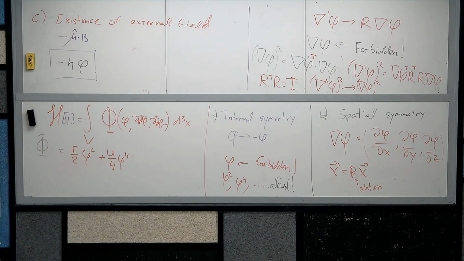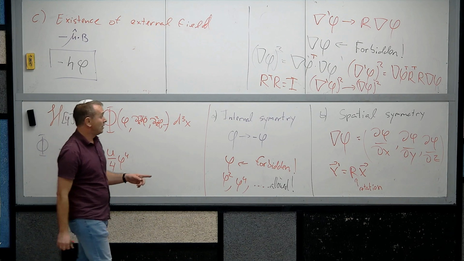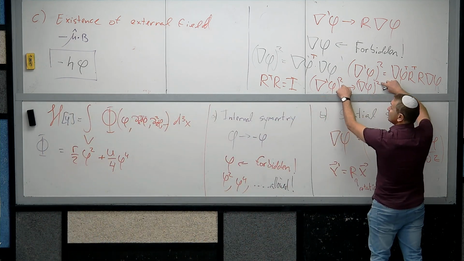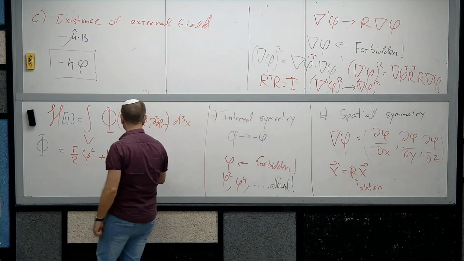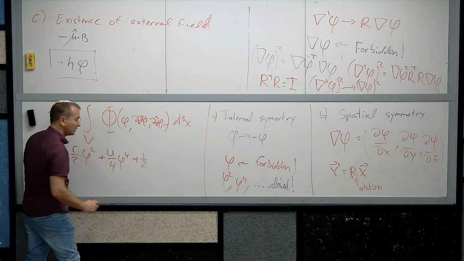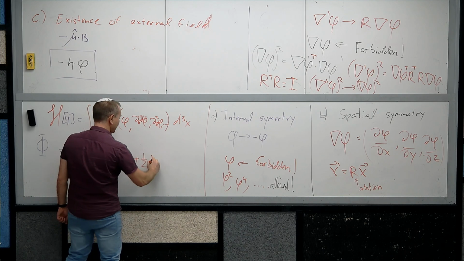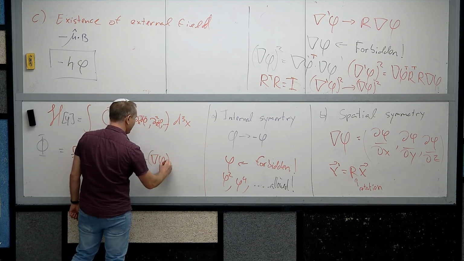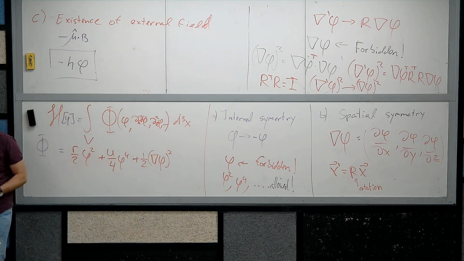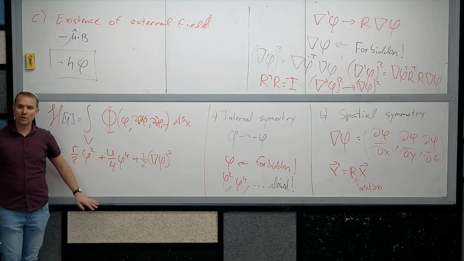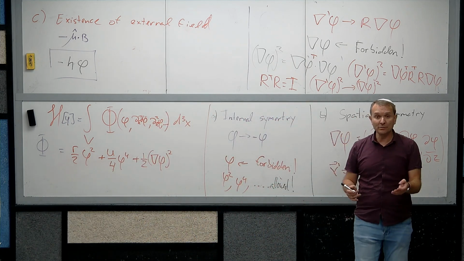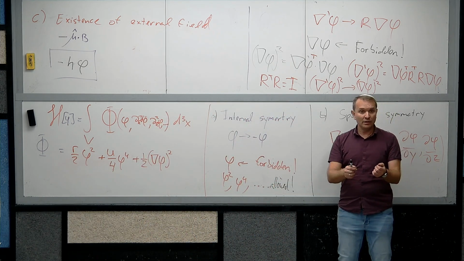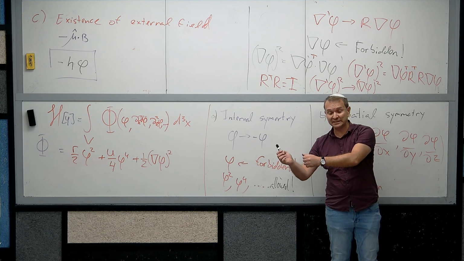Great. Now I should also take the spatial symmetry, due to rotations. I should write it down, plus a gradient of phi to the second power. And they stop over here. Why do they stop there? Because they know that they are coarse graining. The same happens as we did in elasticity.